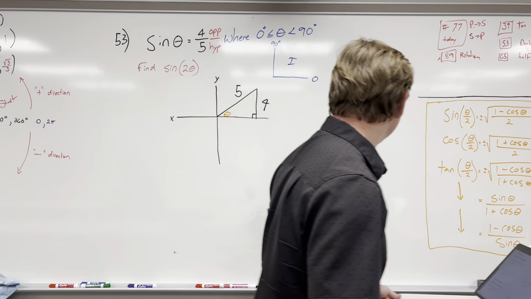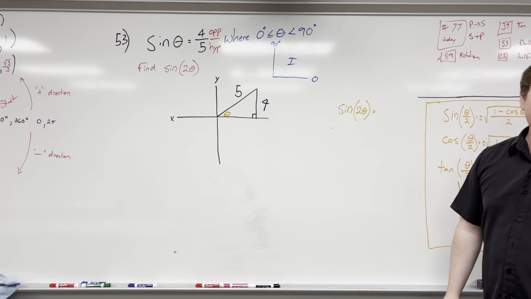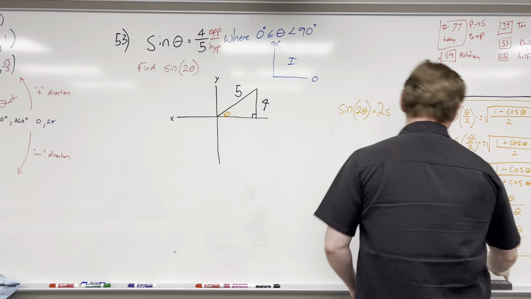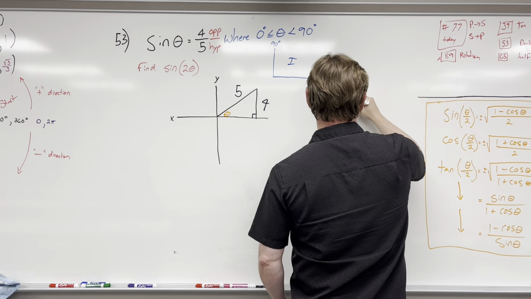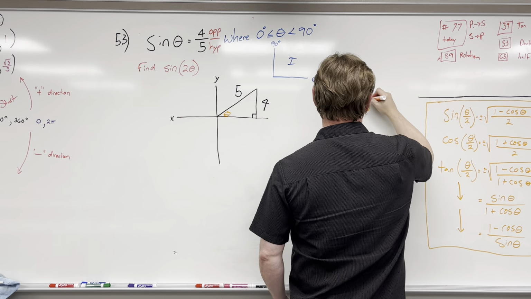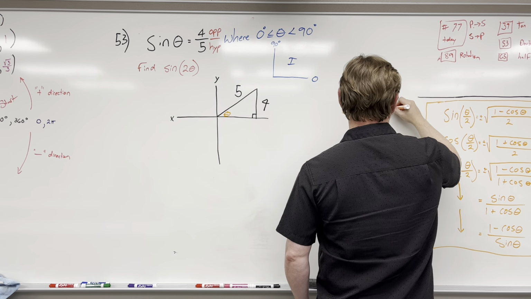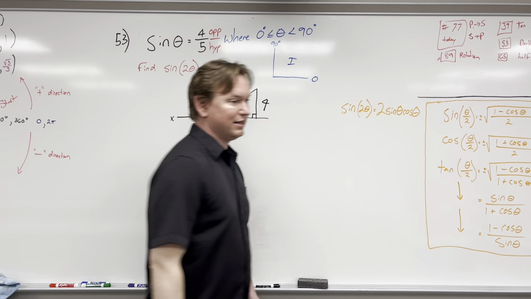This is something you gotta know. Do y'all remember this one? Okay, so we have sine double angle is equal to 2 sine angle cosine angle.